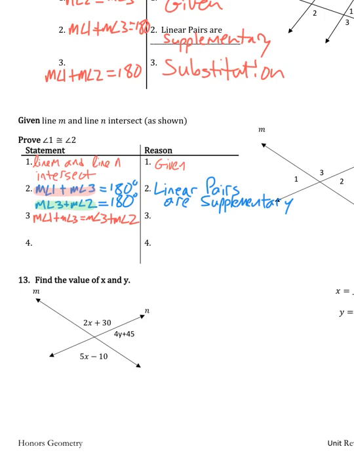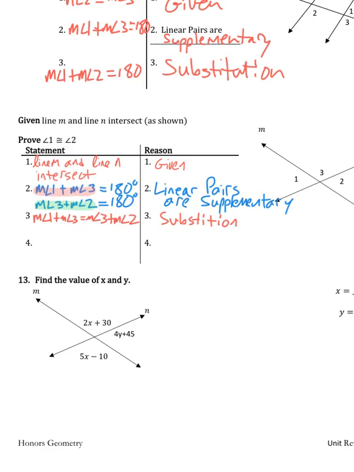Now, what we just did was substitution. Since one of them was equal to 180, we put it in place of the other one. All right? You could also call this the transitive property, and we could argue that it's transitive property.